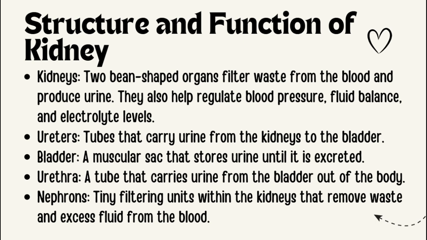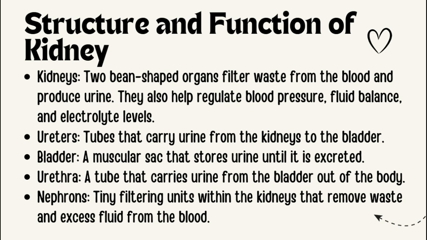Now we said the urethra is what carries the urine outside of the body. The bladder would basically be the sac that stores urine until it's excreted, and then the ureter would be the tube that carries the urine from the kidneys to the bladder.